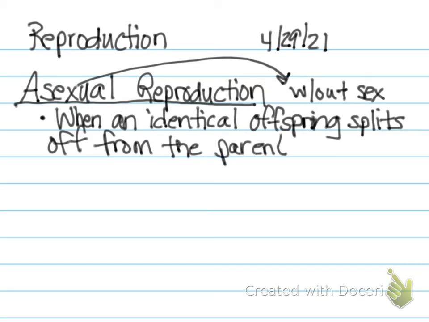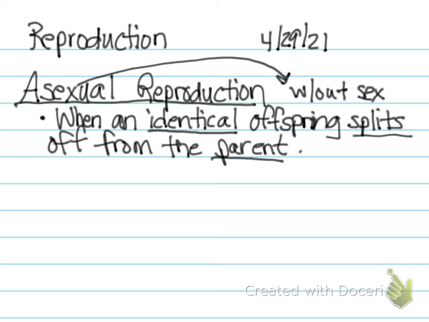And I mean that. When I say splits, I mean that it splits off. And it can do it in a couple different ways, which we'll get to. And your other keyword here is identical. So it's identical, meaning it's just like its parent.